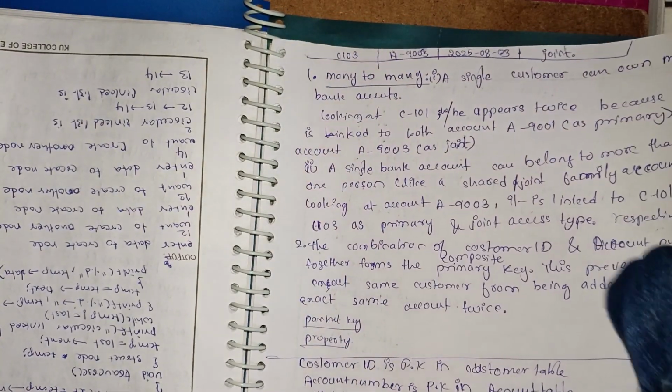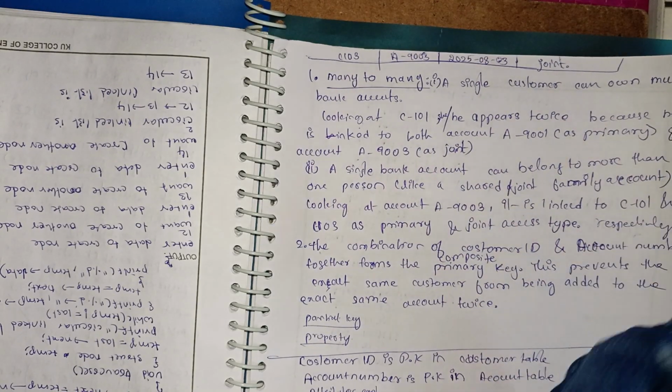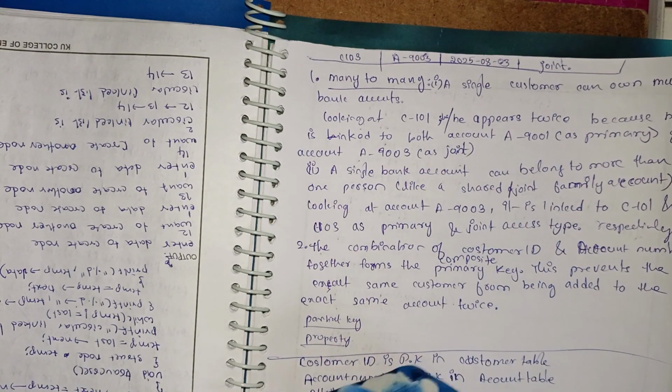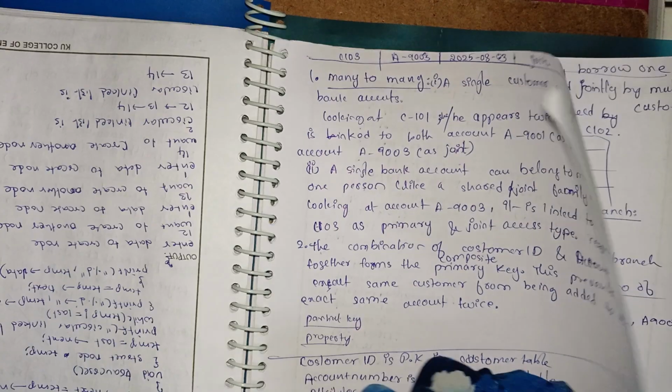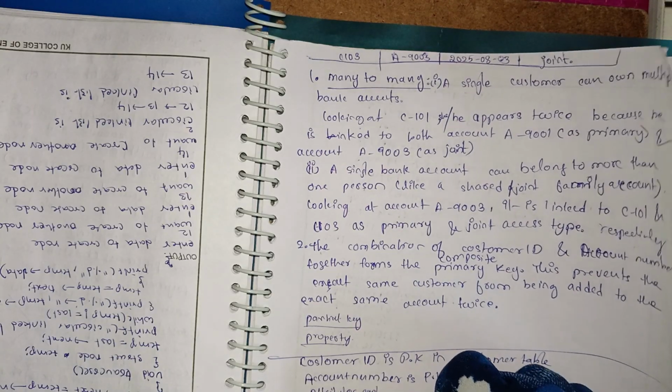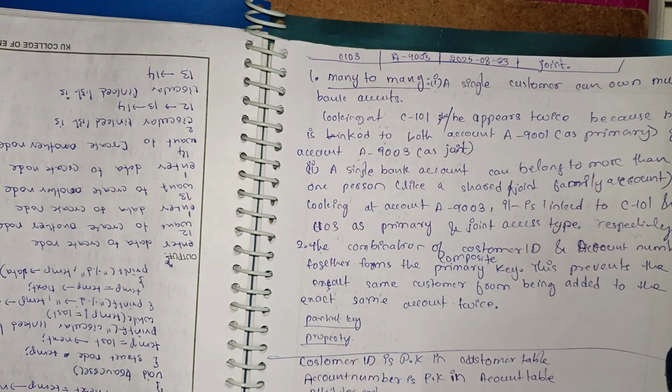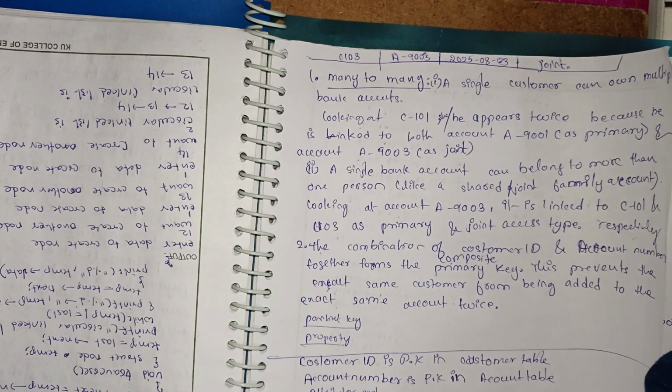Then two rows are with the same values, so the same customer is added to the same account twice.